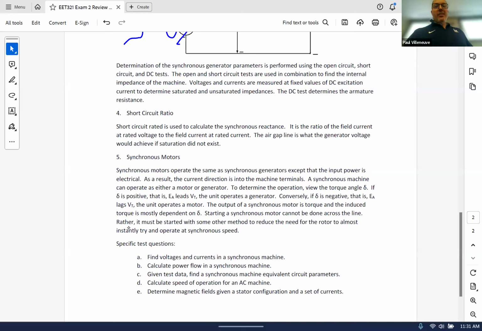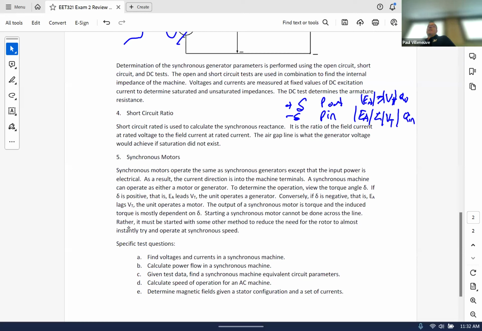So if it's a positive delta, that's the angle, and P is out. If it's negative, P is in. If EA magnitude is greater than VT magnitude, it's Q out. If EA magnitude is less than the magnitude of VT, then Q is in.